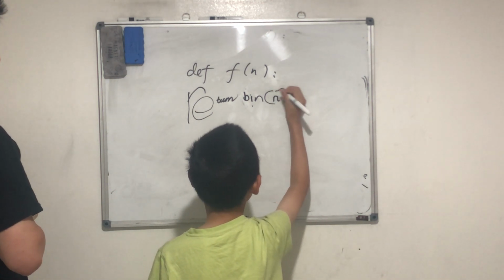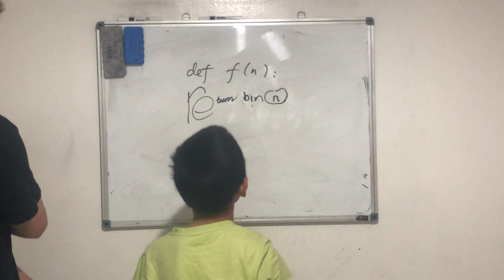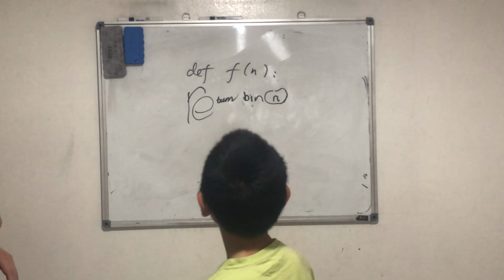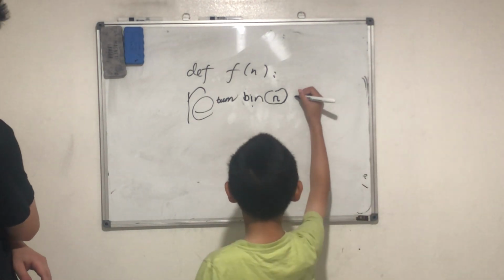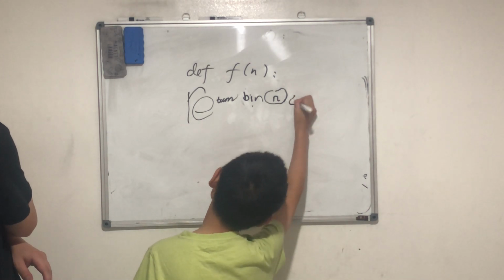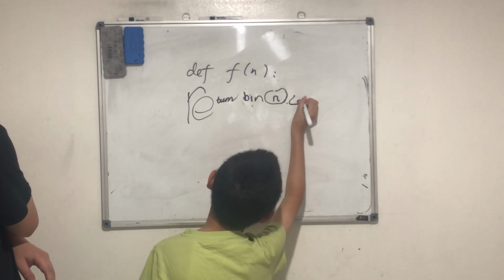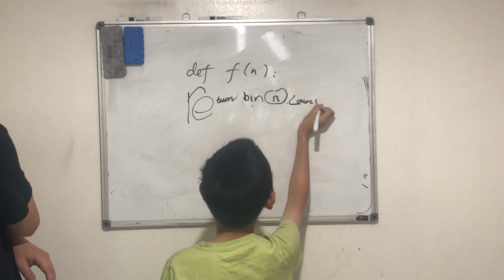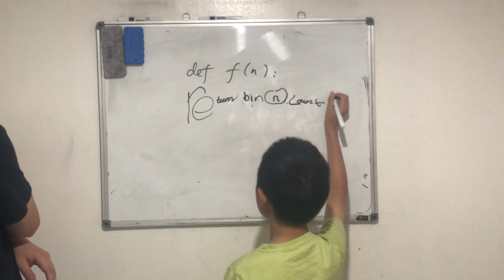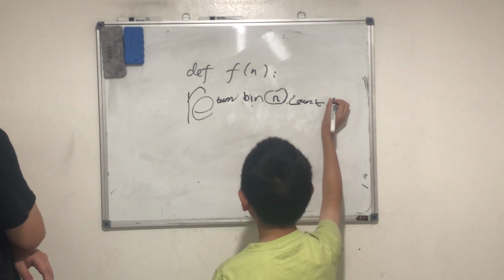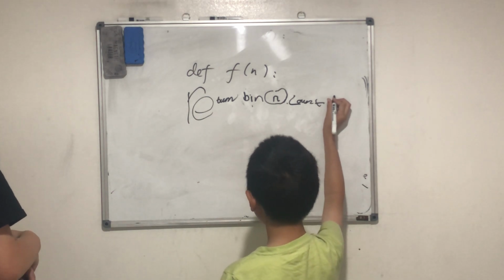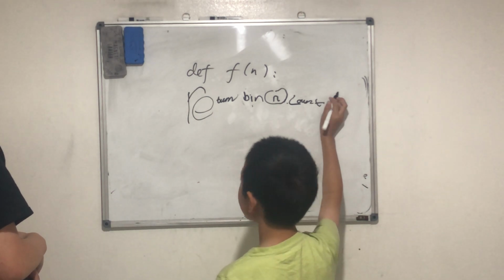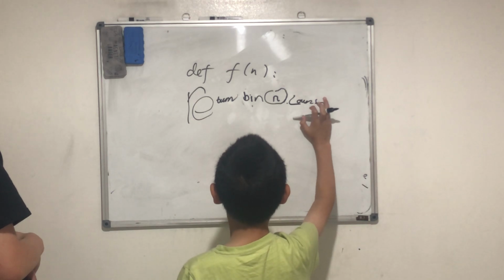Okay, and then what do we do with that? We want to count, right? Dot count. Count what? We turn it into a binary string, we want to count how many of what?